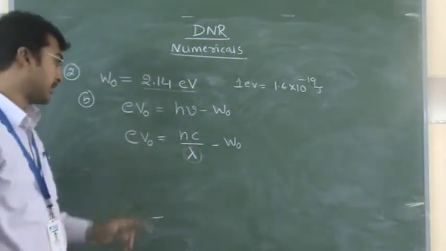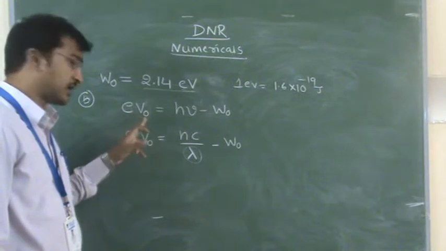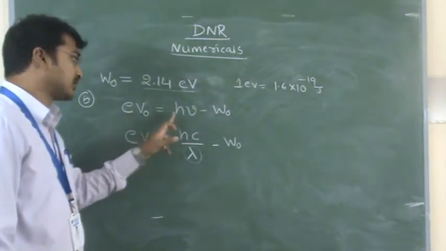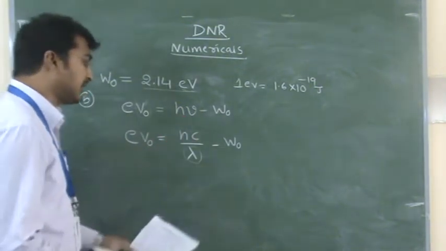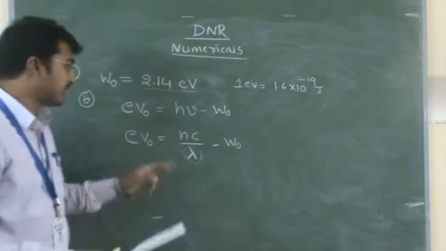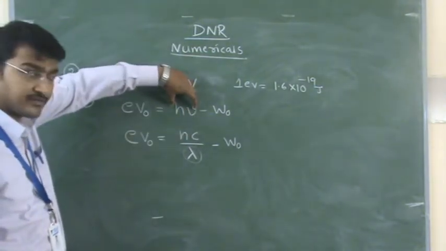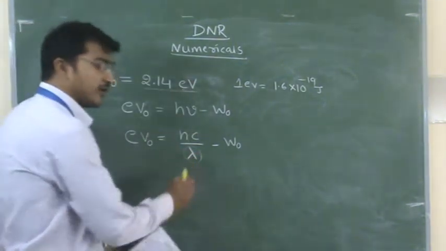Because of Millikan's experimental observation of the Einstein equation, eV naught is equal to the incident energy h nu minus the work function. According to the question, we should find the wavelength of incident light, so I am converting the energy of incident light as hc by lambda. So this lambda value we have to find.